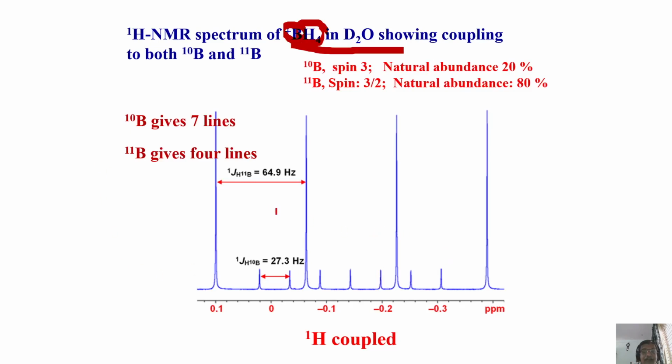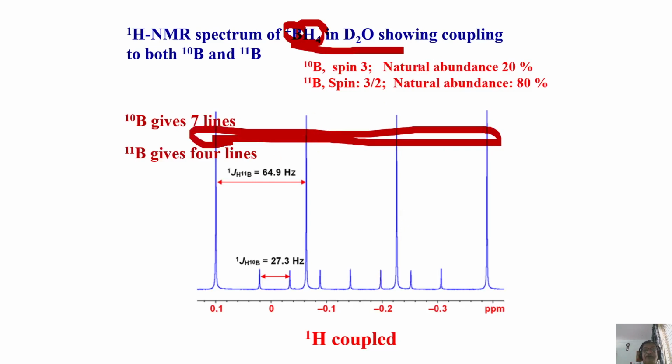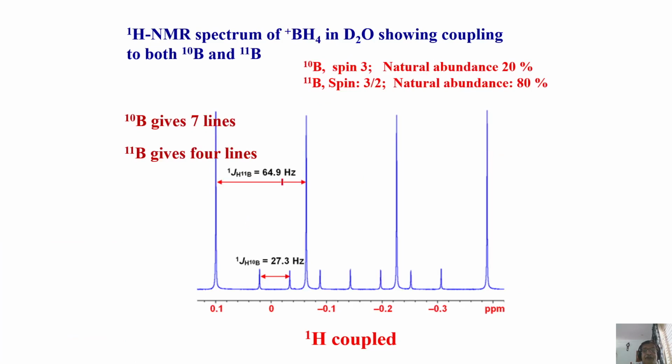Now let us analyze the spectrum. There are strong 4 peaks here. What are they? Why are they coming? And there are also small peaks here of equal intensity. Fantastic spectrum, all peaks are of equal intensity here. If you look carefully, these 4 peaks I would say are because of B11. B11, as you know, has spin 3 by 2.